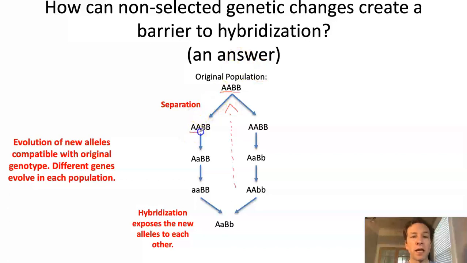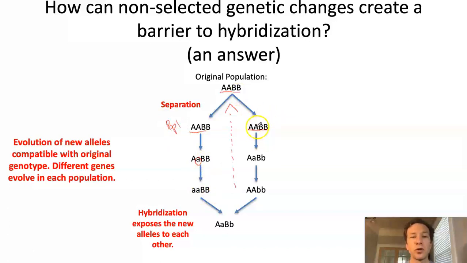Initially, they both have the same original genotype because there hasn't been time for any changes. But over time, there's a mutation in this left-hand population, and a new allele, little a, arises. And let's just say by genetic drift, over enough time, it eventually reaches fixation in our population 1, the left side.